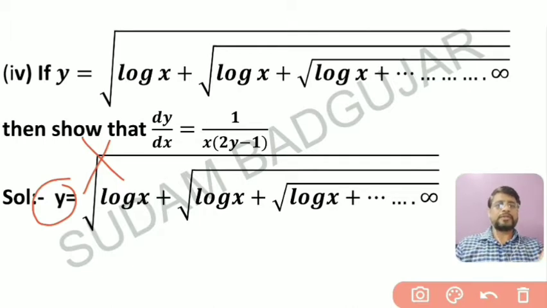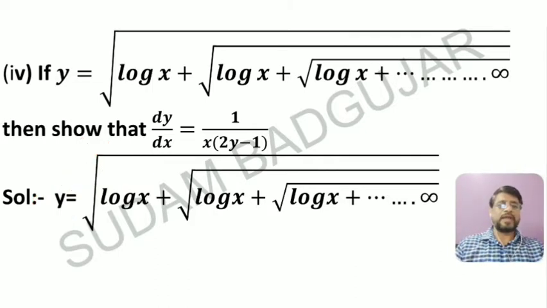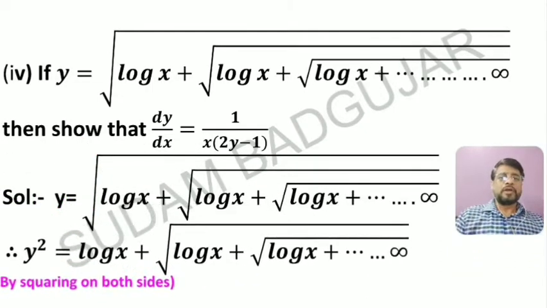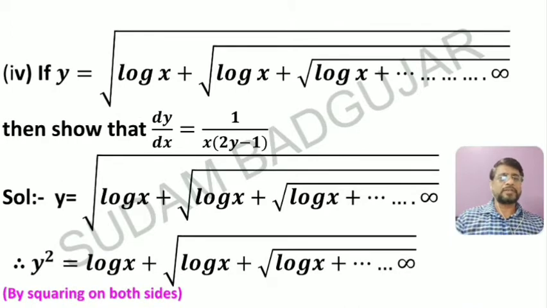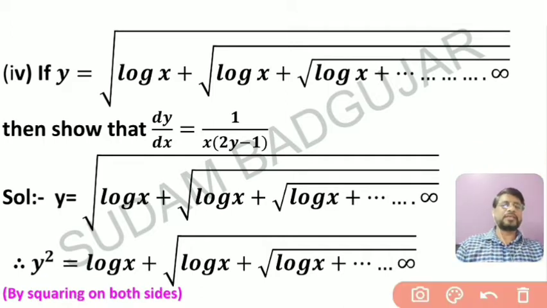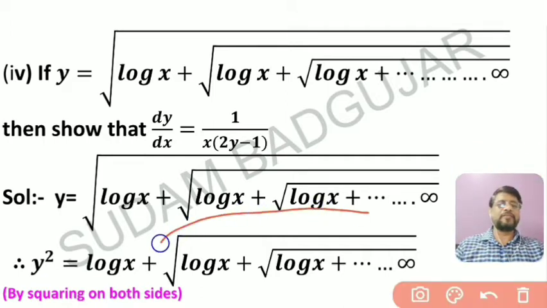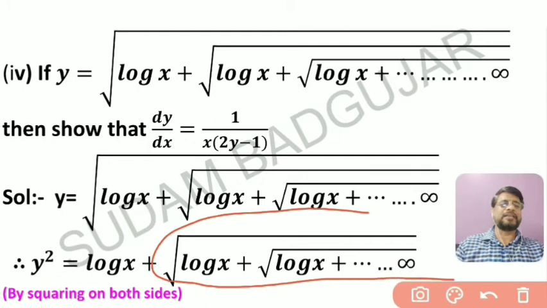So after squaring, this first under root will be removed, then y square is equal to log x plus under root log x plus under root log x up to infinity, that is the infinite series is there. And again you have to observe this infinite series, it is again y. See, here infinite under roots are there, then here 1 is removed, that is infinity minus 1.